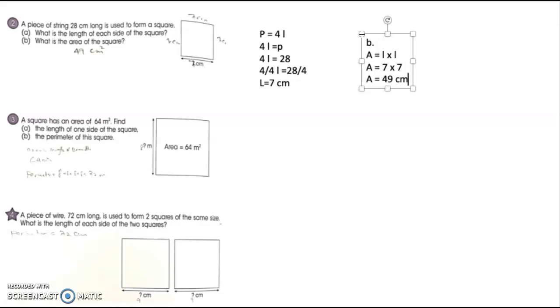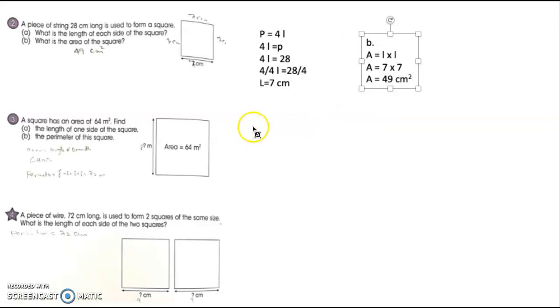Centimeter squared. Make sure you write this small 2 as a square. That's very important.